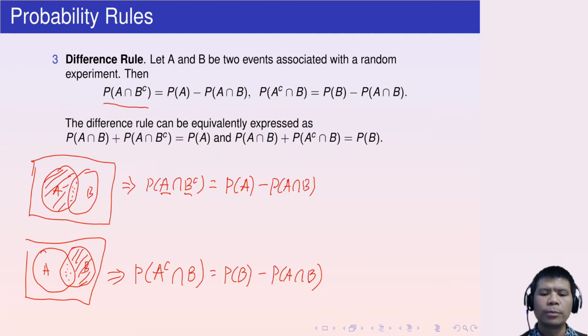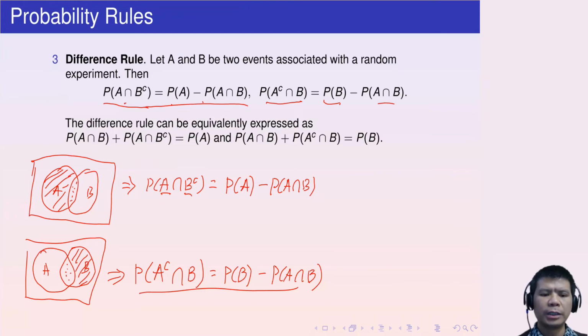Okay, so therefore we have all these equations, right? The first difference rule, in A, not in B, is probability of A minus the probability of the intersection. In B, not in A, is the probability of B minus the probability of the intersection.